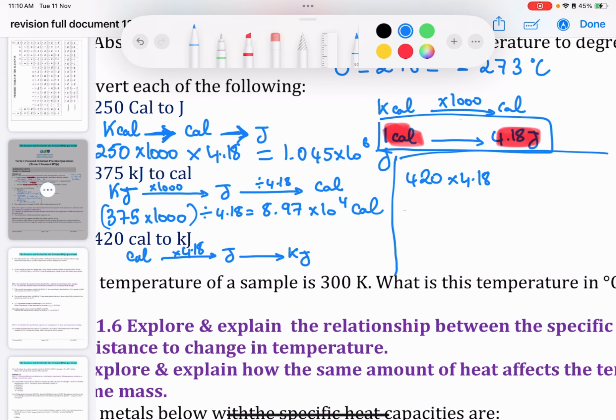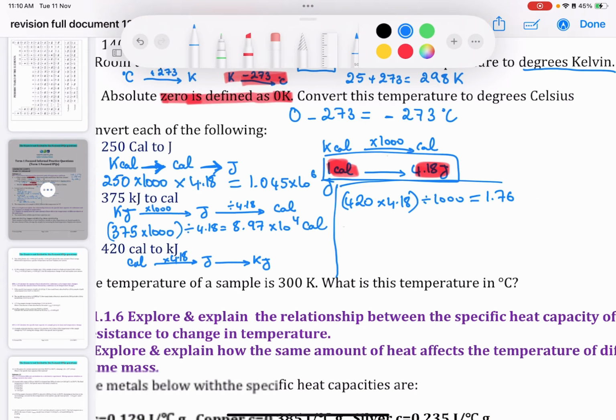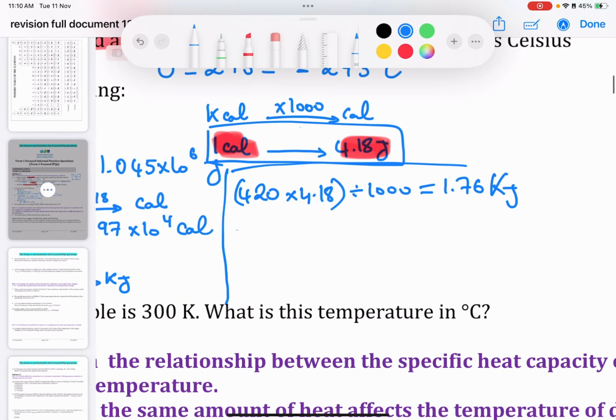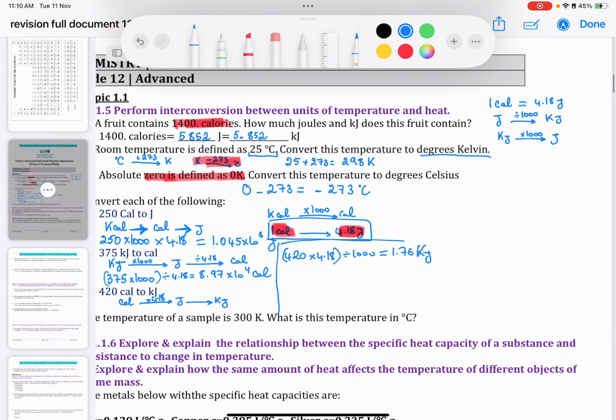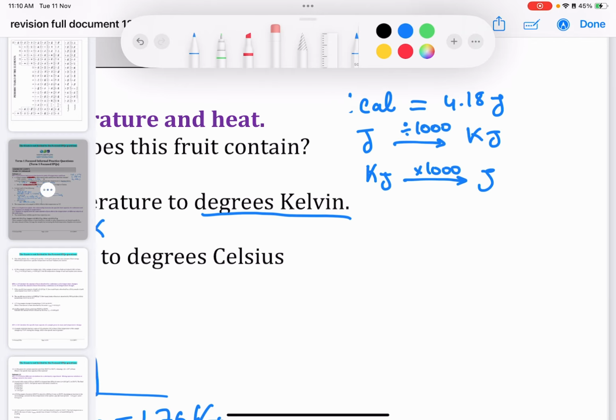Now from joules to kilojoules, I am going to divide by 1,000. And the final answer is going to be 420 times 4.18 over 1,000, that is 1.76 kilojoules.